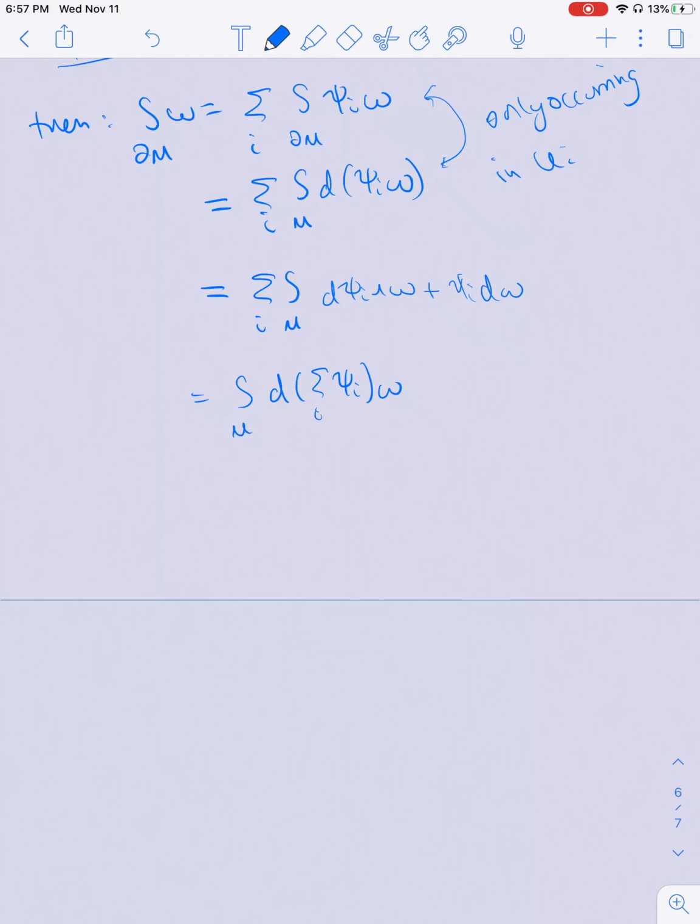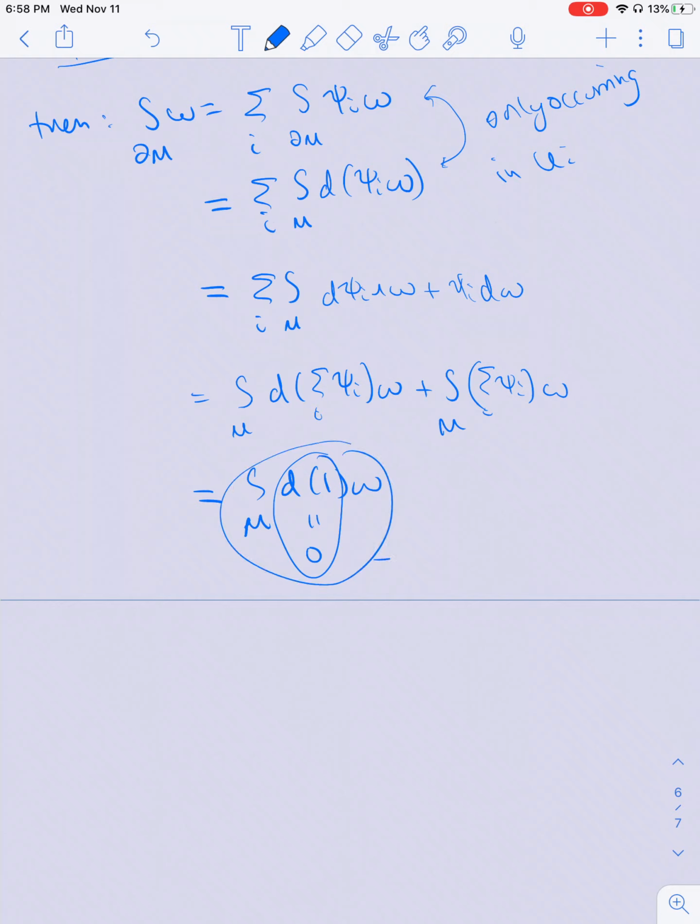And then I get the integral over M of the sum over i of psi_i times d omega. And this first thing is the integral over M of d of 1 times omega. So d of 1 is 0, so this whole term is just 0. And then this is the integral over M of d omega because the sum of the psi_i's is 1, because it's a partition of unity. So now I'm done.